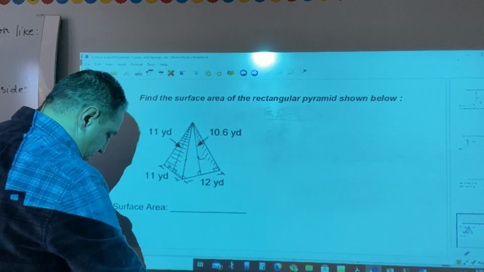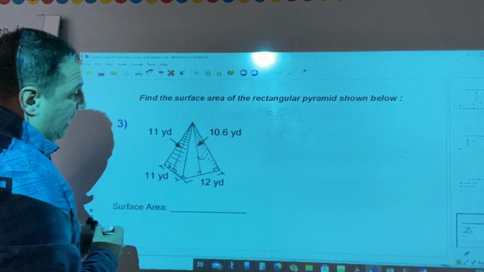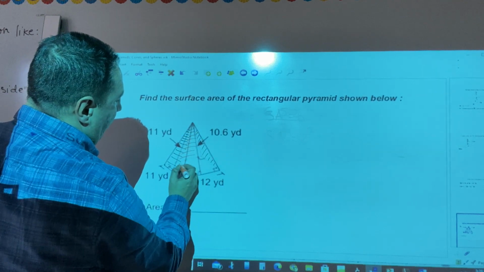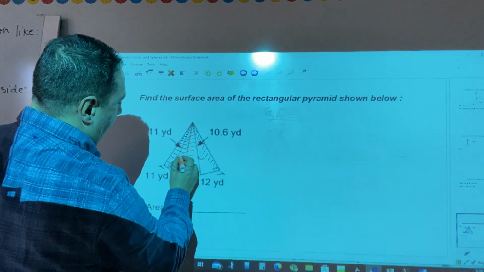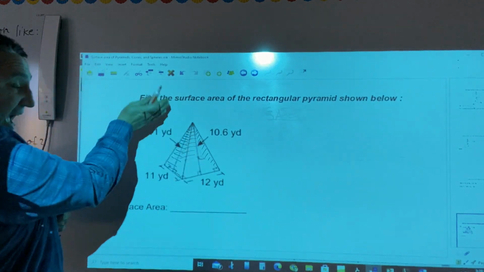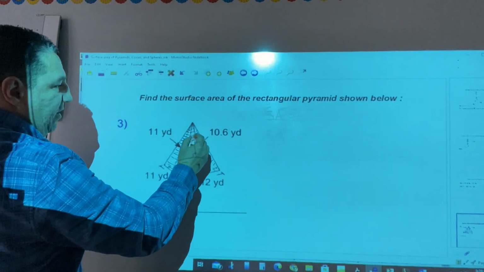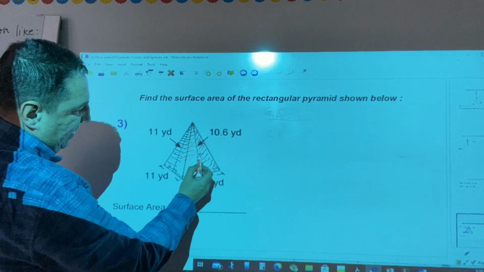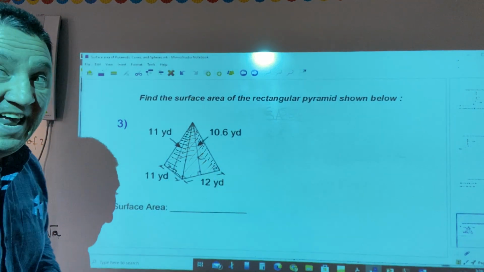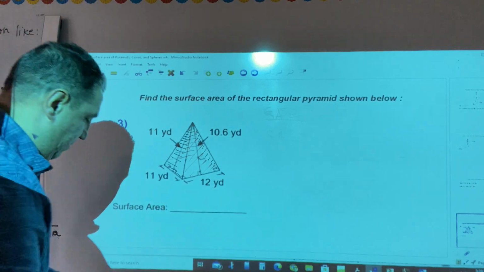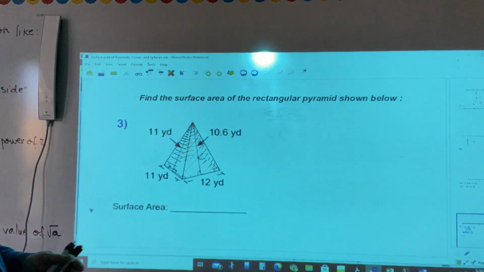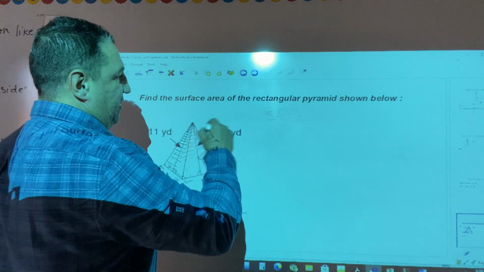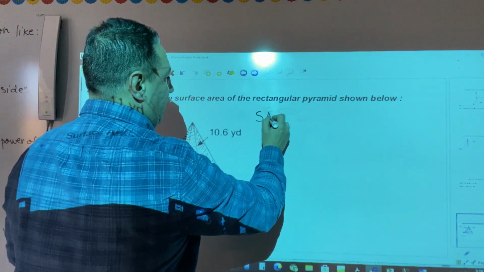And the other faces that are congruent in pairs are the back side and the front side, right? Why? Because they have the same base, which is the length of the rectangle. Good? Now, let's use the formula of surface area to find the surface area.